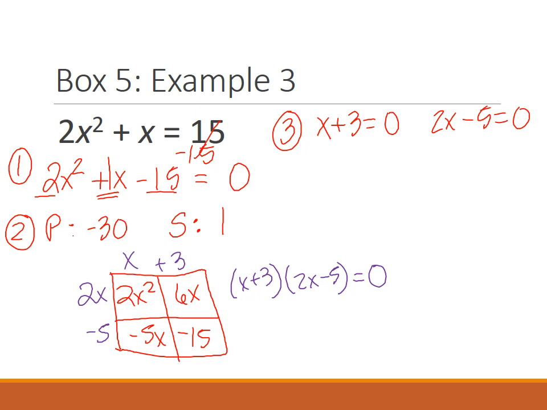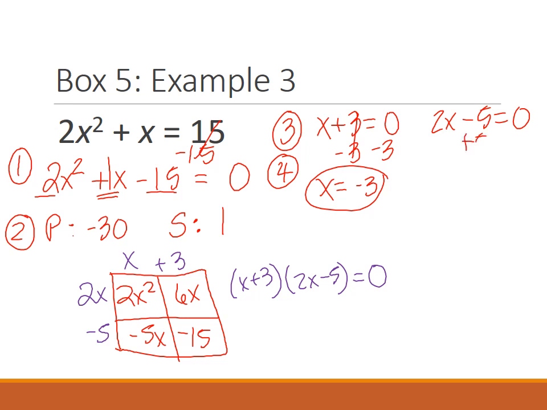Solving x plus 3 is pretty quick and easy, right? So what would I need to do on that one? So we have x equals negative 3. Done. And then what would I need to do to solve 2x minus 5? I'm going to add 5, and then I'm going to divide by 2. Perfect.